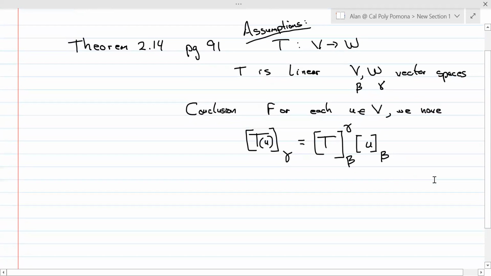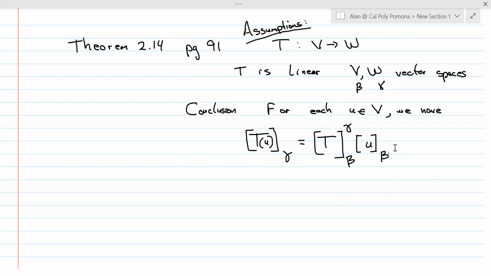So this is the conclusion. It's telling you that if you want to see where you are in W, you look at the transformation of U and form the matrix associated with that in the gamma basis. That's the same as taking this matrix and multiplying it by this one.